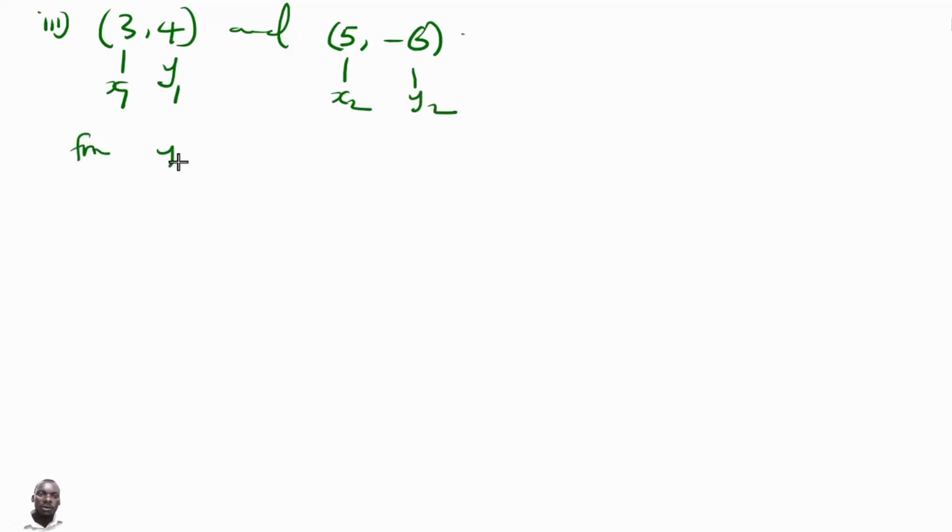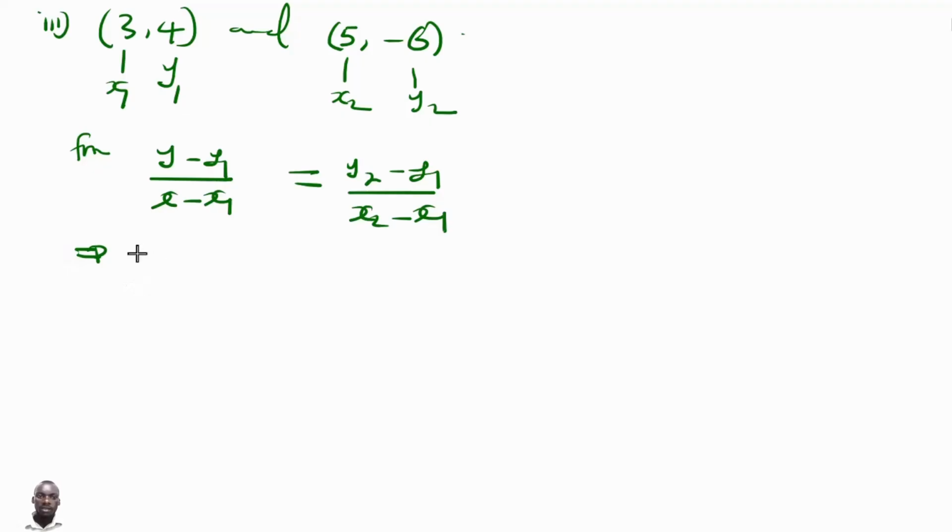So from y minus y1 divided by x minus x1 equals y2 minus y1 divided by x2 minus x1. As we substitute in, this is the same as having y take away y1, which is 4, divided by x take away x1, which is 3, equal to y2, which is negative 6, minus y1, which is 4, divided by x2, which is 5, take away x1, which is 3.